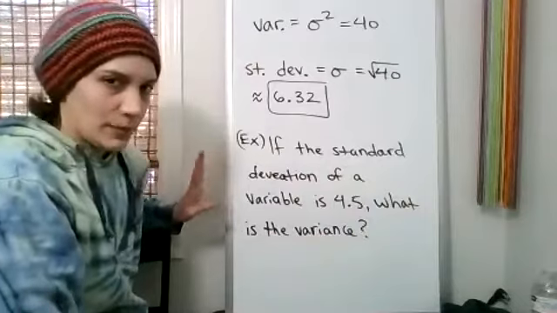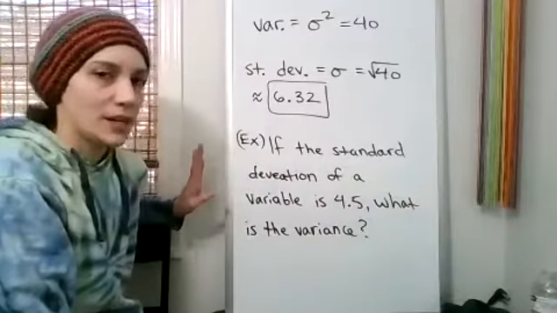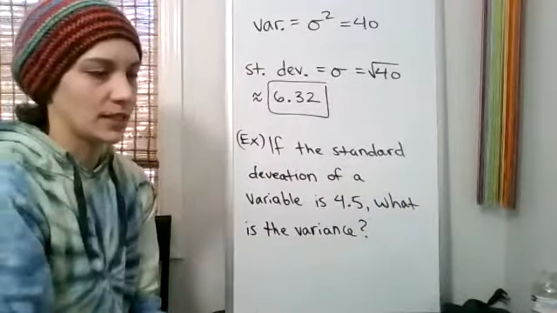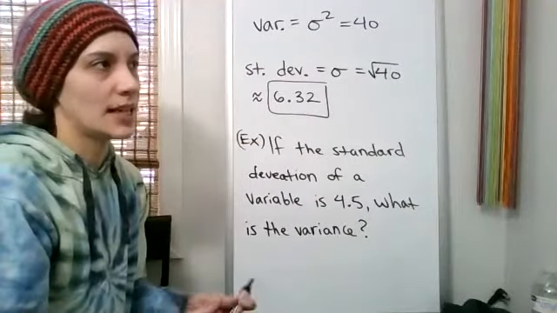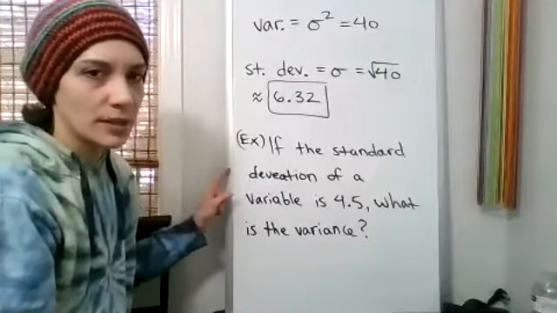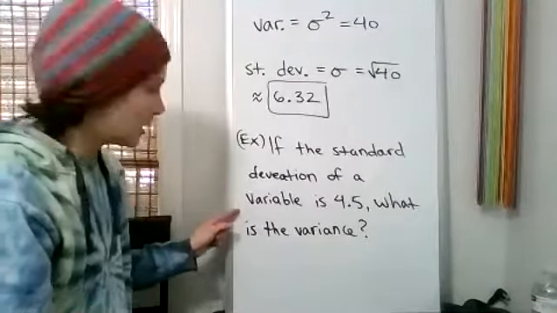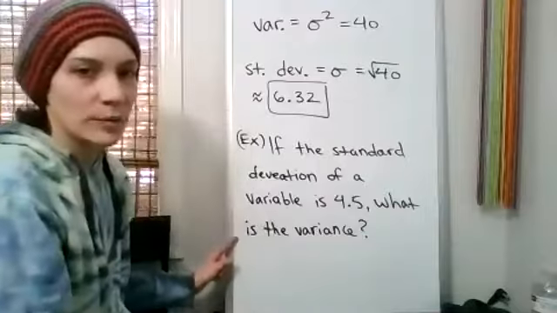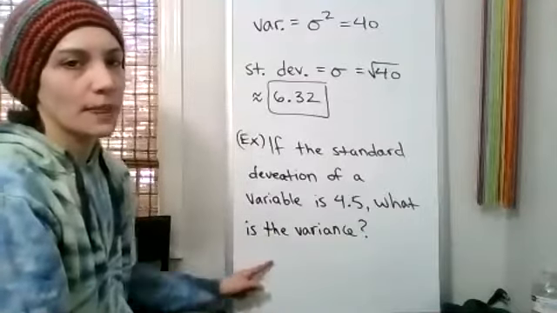And I know these problems might seem kind of random, but we actually will use them in the next chapter. So the class is not designed to be cumulative, but I picked a section that happens to use variance and standard deviation. So that'll come up when we do probability in chapter 16.